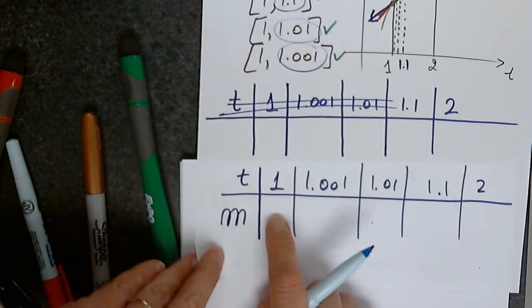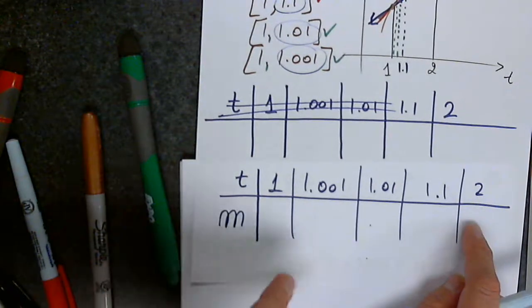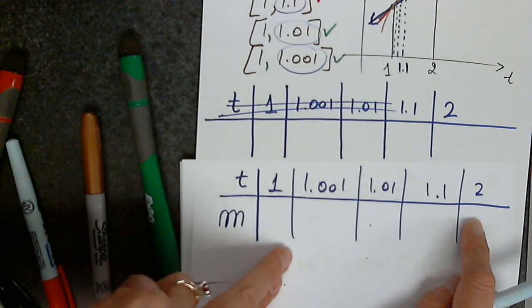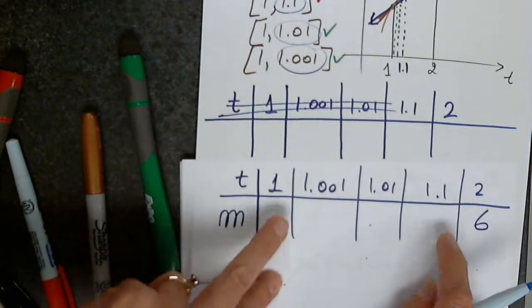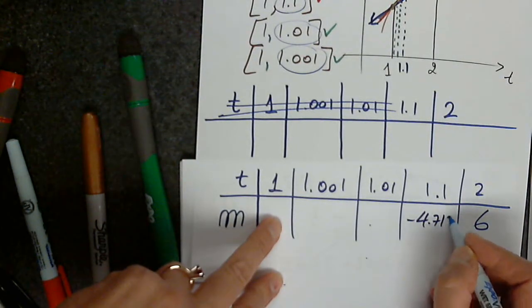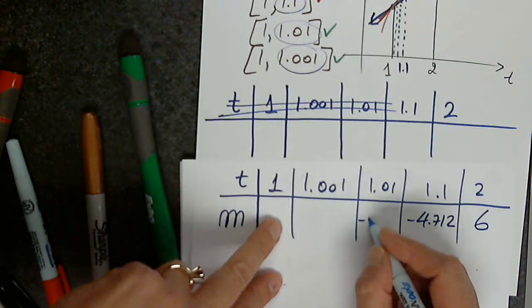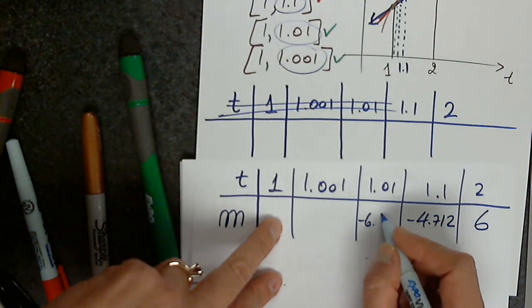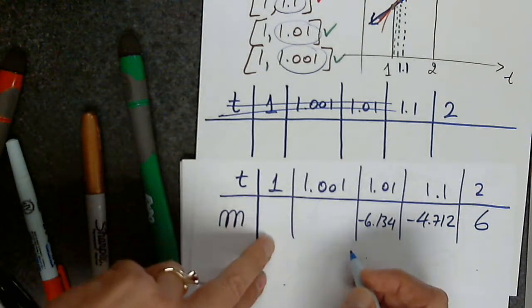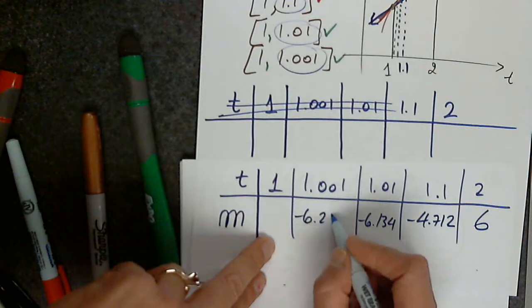So, what is the slope between 1 and 2? 6. Between 1 and 1.1, -4.712. Between 1 and 1.01, -6.134. Between 1 and 1.001, -6.268.